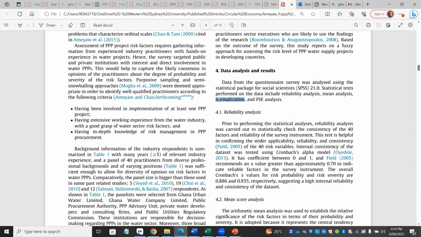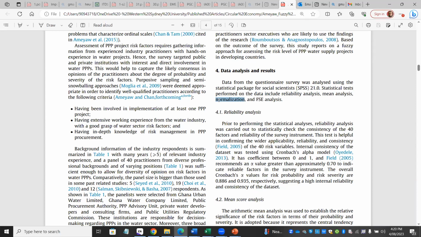There's something missing here. You can see that in this study, they didn't do factor analysis. So this study is a little bit different from the other two papers I've shown to you. In the other two papers, factor analysis was done. Why was factor analysis done? So this is where I have to explain to you. Why is it that here they didn't do factor analysis?